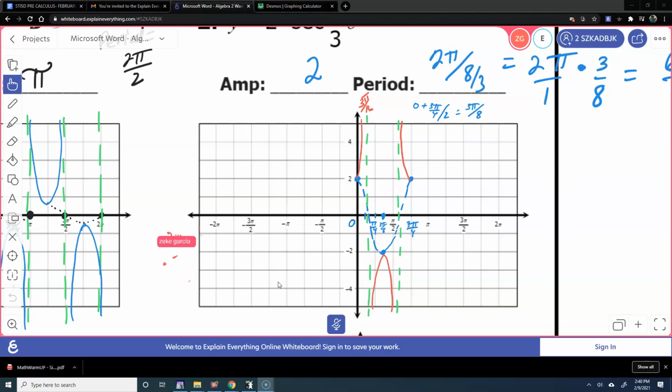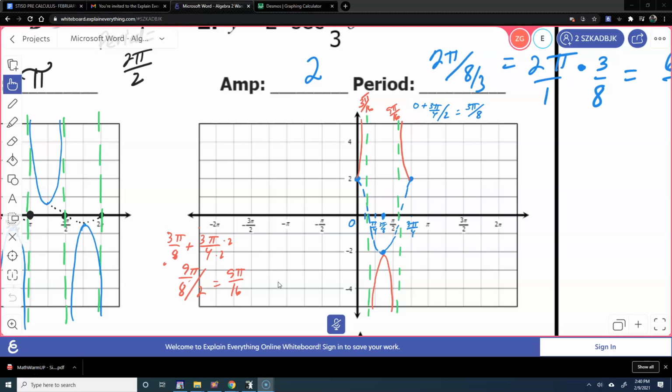Add 3 pi over 8 plus 3 pi over 4, times 2 times 2. So it's 9 pi over 8 divided by 2, which is 9 pi over 16. So this will be 9 pi over 16.